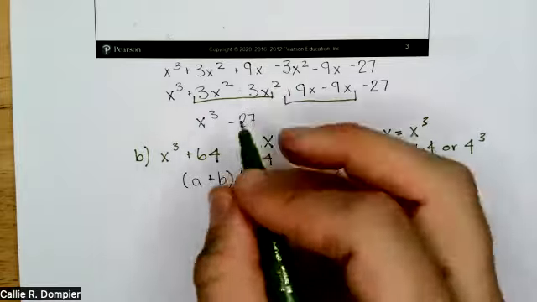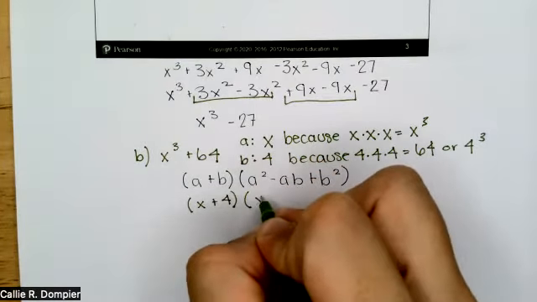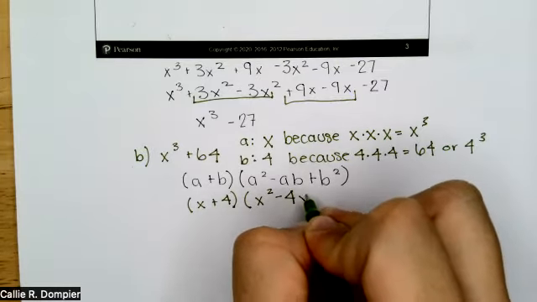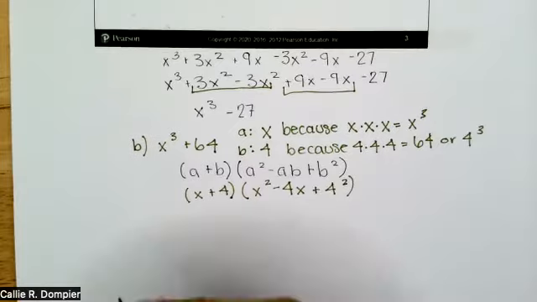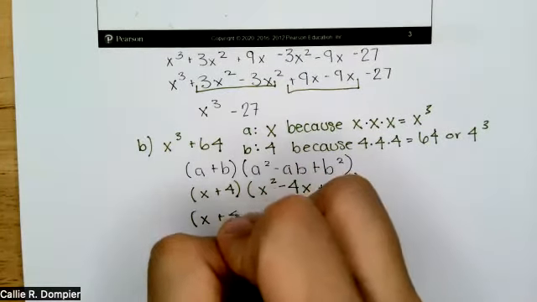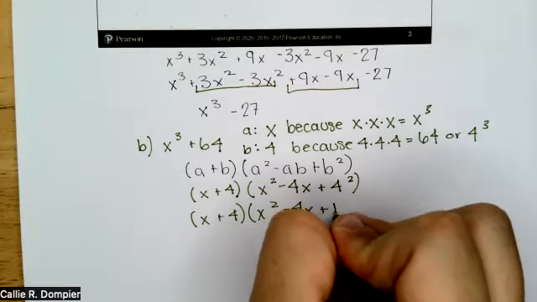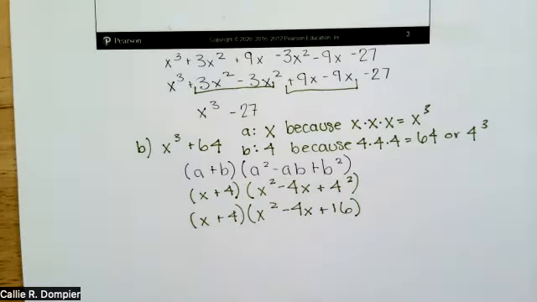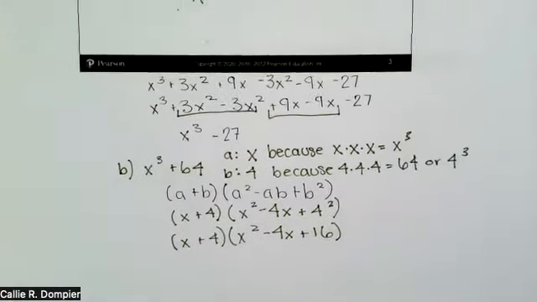So if I substitute that in, that becomes x plus 4 times x squared minus 4x plus 4 squared, or plus 16, right? So those are the sum and difference of cubes. I definitely write those down just to not mess up any of the minus signs or the plus signs placements.